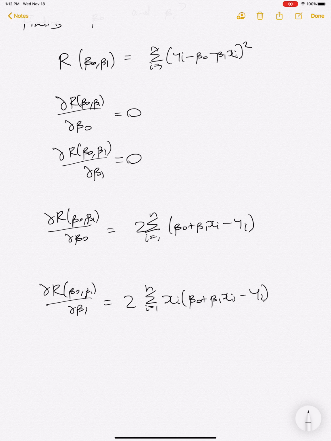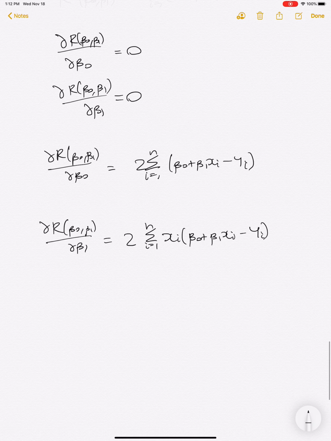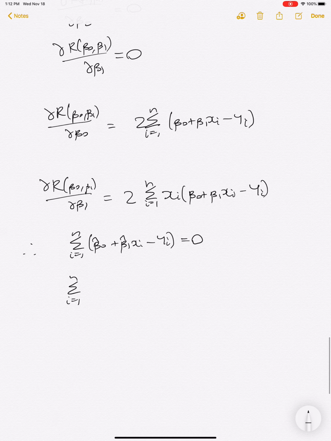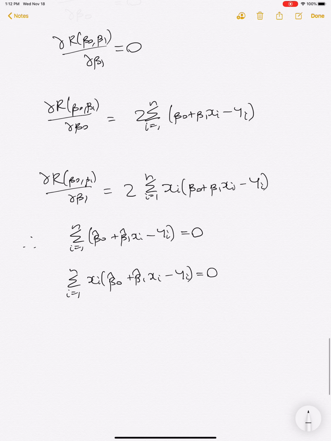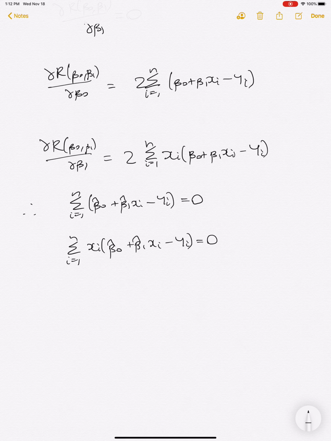Okay, and so if we want the derivative to be 0, we can drop the 2 because it doesn't matter when we're setting the sum to 0. So we have these 2 equations, and this is perfect because we have 2 equations and 2 unknowns that we need to solve for. That equals 0.